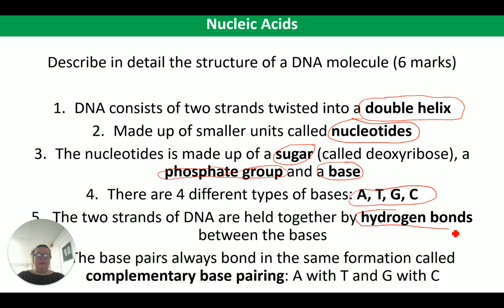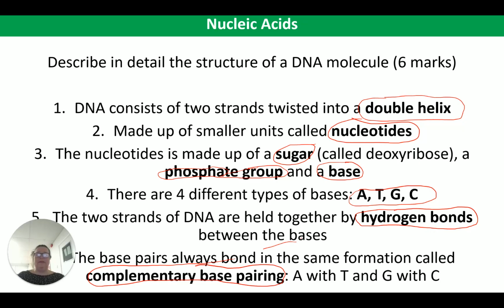I didn't talk about that, but that is an extra one if you want it, though it's not directly in the syllabus. And right down here, near the bottom, complementary base pairing. So we've got the possibility here of 1, 2, 3, 4, 5, 6, probably 7 or 8 marks here. So well done. If you got 3 of those, that's amazing, particularly if this is new.